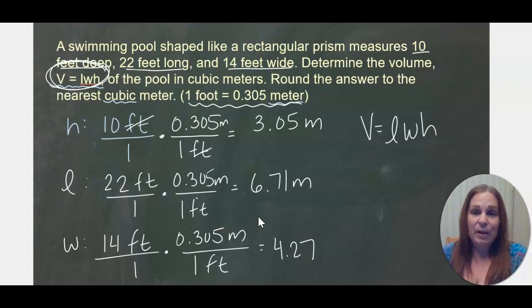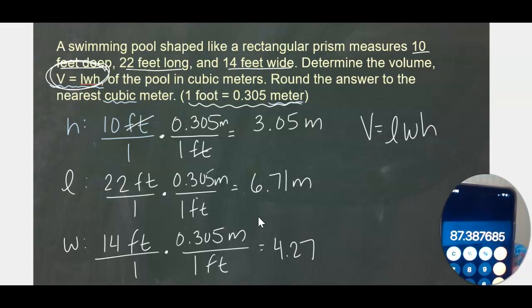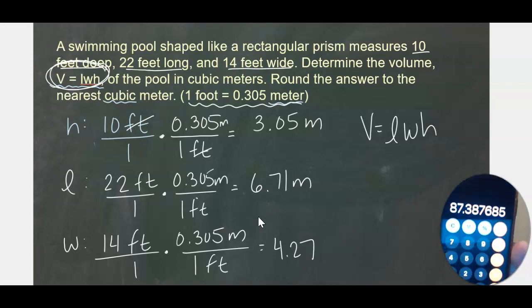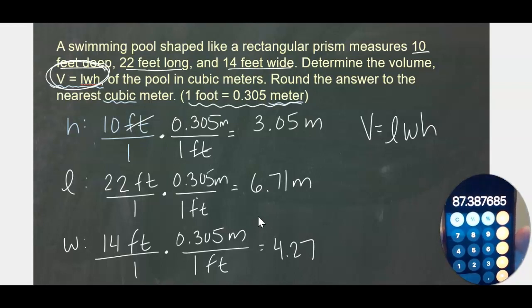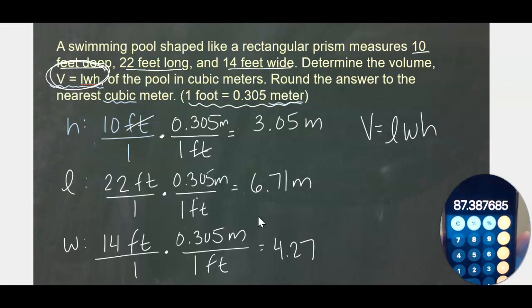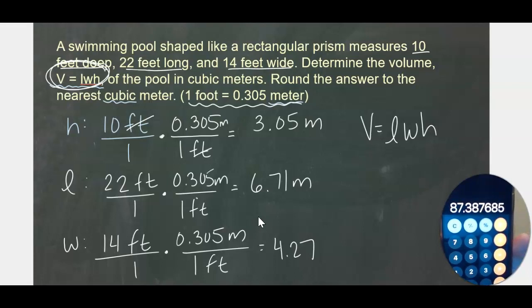But it says to round the answer to the nearest cubic meter. That means the nearest whole number. You can see what my answer is. I'll hold it up a little bit so you can see it better. So to the nearest whole number, I'd be looking at the 7, and do I leave it a 7 or does it become an 8?